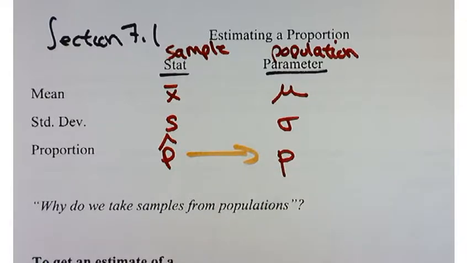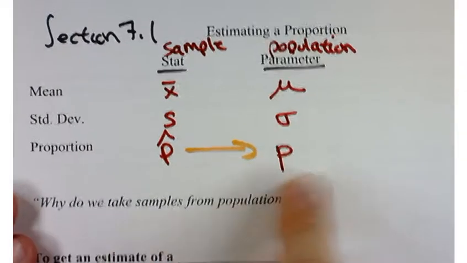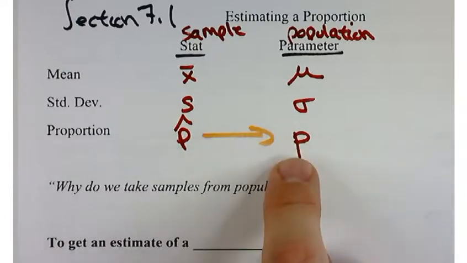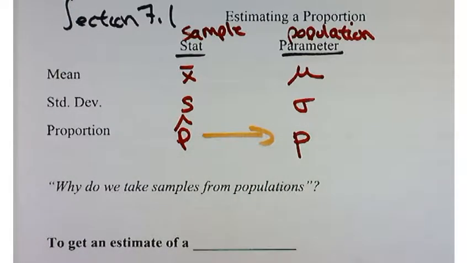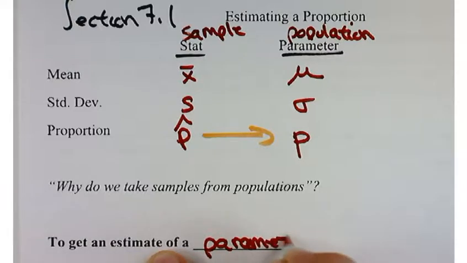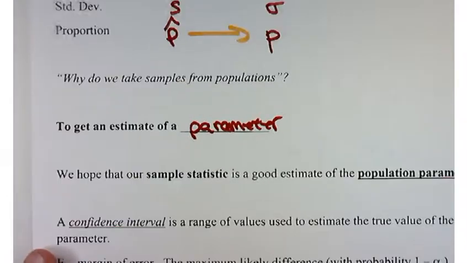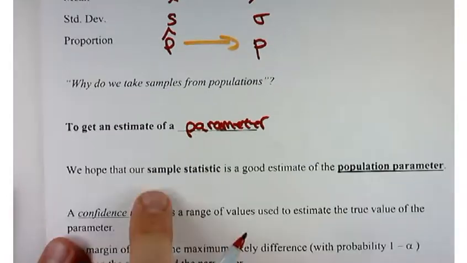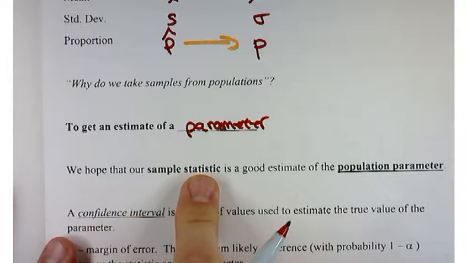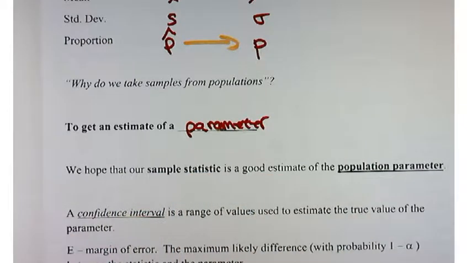So in terms of big picture, why do we conduct samples? It's often very difficult to know the exact value of the population parameter. We typically don't know what it is, so we conduct a sample and then calculate a statistic. And we hope that we get a good estimate of the population parameter.